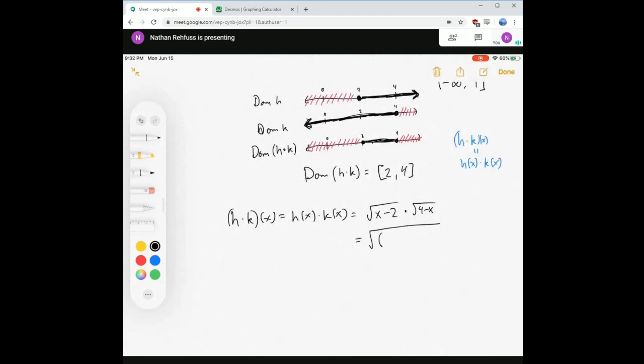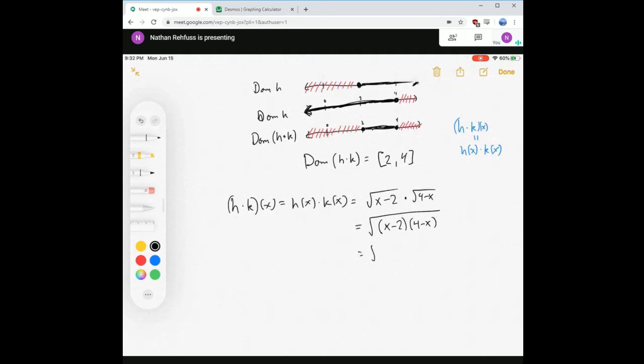So in this case, root of x minus 2 times 4 minus x, yeah? And then I could simplify this even a little bit more if I wanted to FOIL. So that's going to be, first is 4x, outside is minus x squared, inside is minus 8, and last is negative 2 times negative x, that's plus 2x.